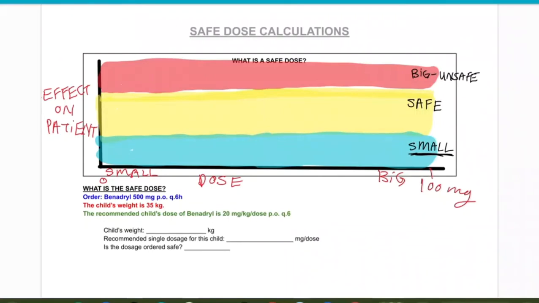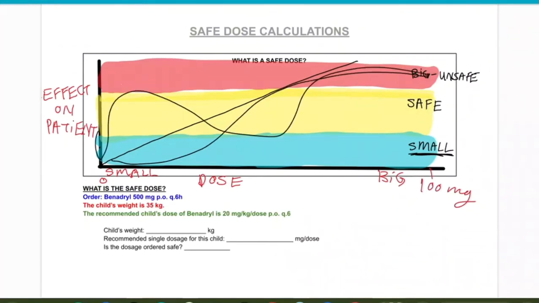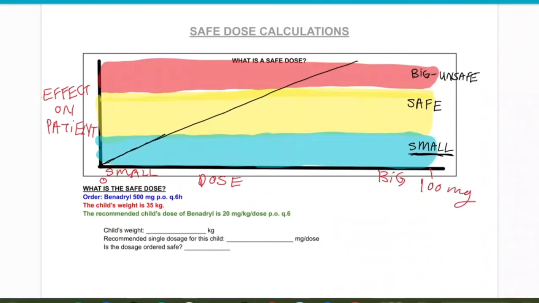So we have a line. This isn't going to be terribly realistic, but let's just say it's a straight line. A lot of times it's curvy and stuff like that, but we'll just say it's straight. As we increase the amount of medication we give the patient, so we got 0 here maybe, 50 here, 25.